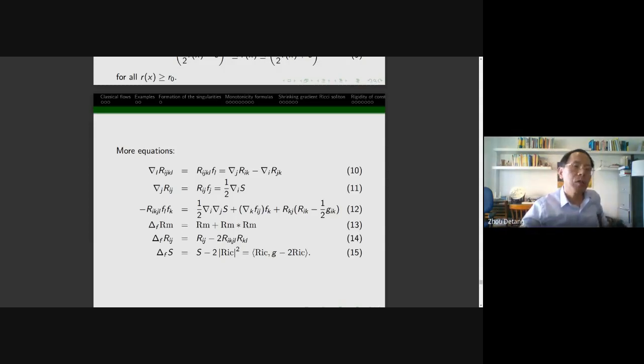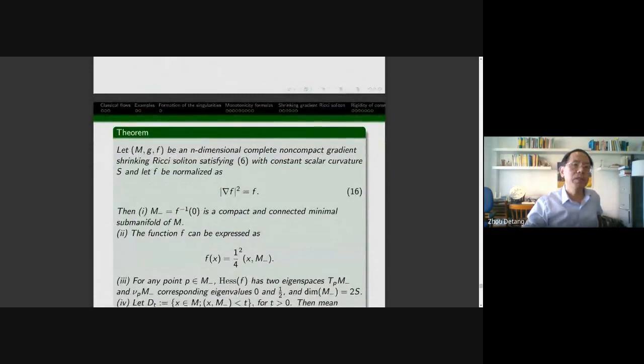The one thing which was not very easy to use is this one. It's not very pleasant to see, but when S is constant, you have an equation here. This is one of the key points in our proof.